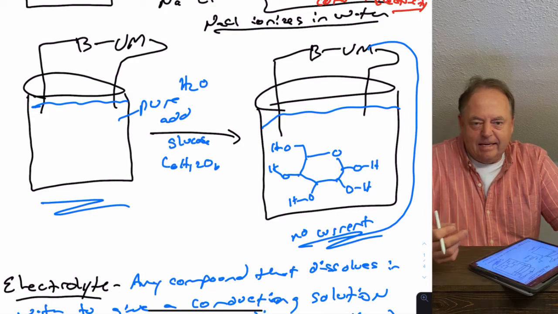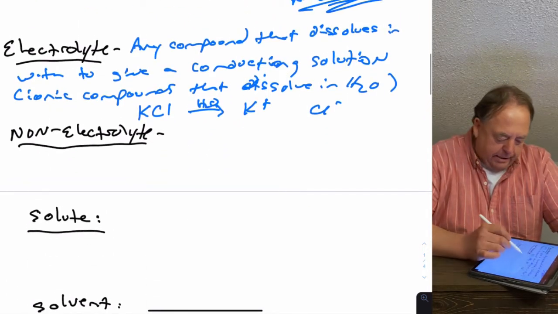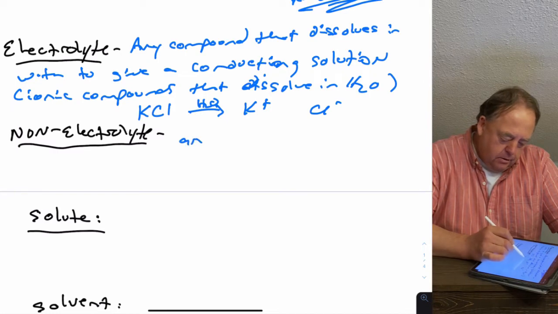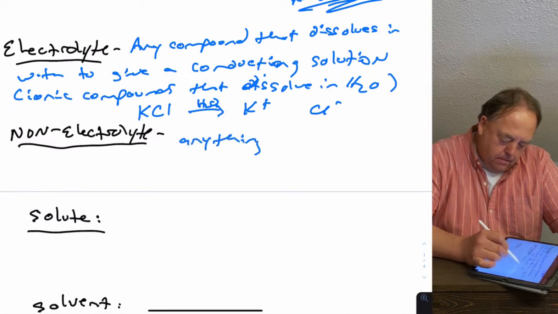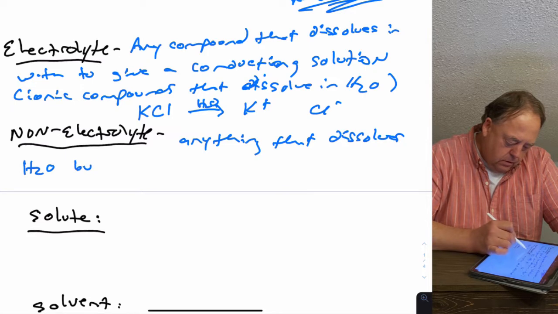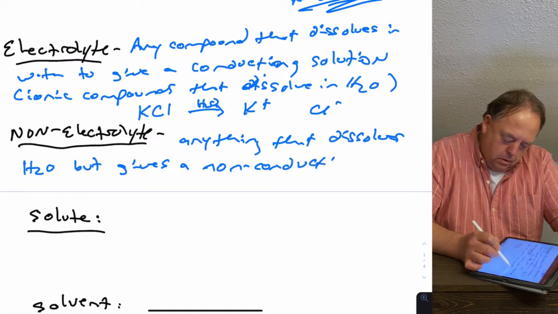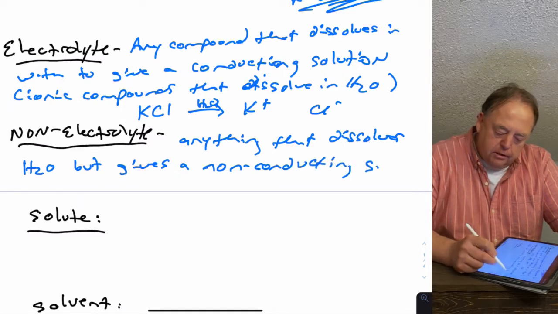So it's not a conducting solution. Glucose would be an example of a non-electrolyte. A non-electrolyte would be anything that dissolves in water but gives a non-conducting solution.